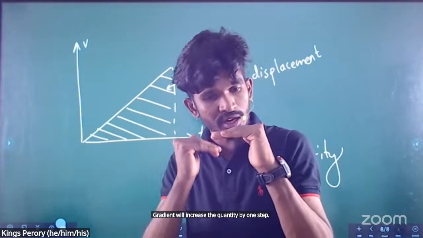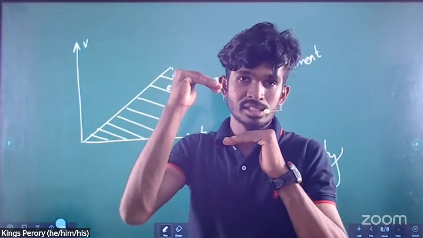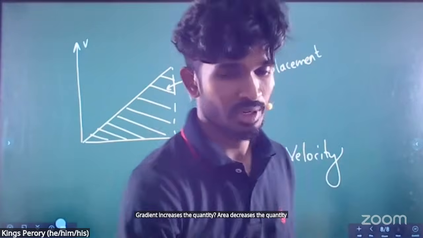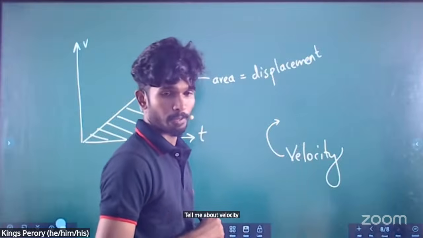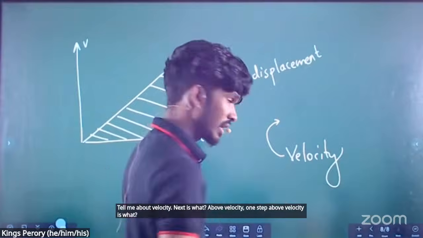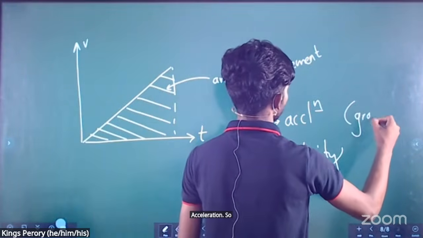Area will decrease the quantity by one step. Gradient increases the quantity, area decreases the quantity. Tell me, one step above velocity is what? Acceleration. So gradient gives us the acceleration.